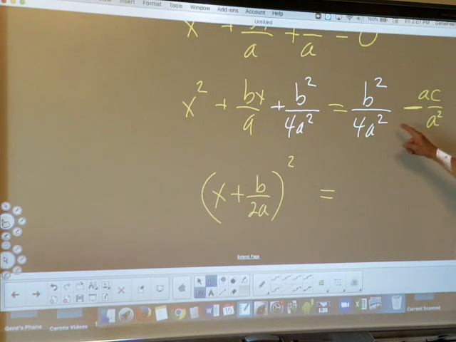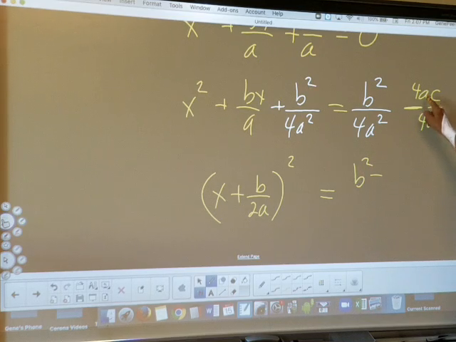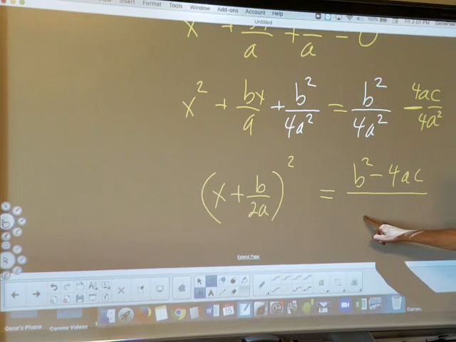And I've got a 4 there that I don't have here, so I'll multiply by 4 and I'll multiply by 4. Now I have common denominators. Now I can subtract my fractions. That's elementary stuff. So what do I have here now? b squared minus 4ac, all now over 4a squared. Nice.